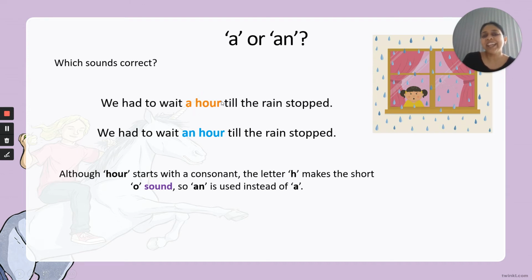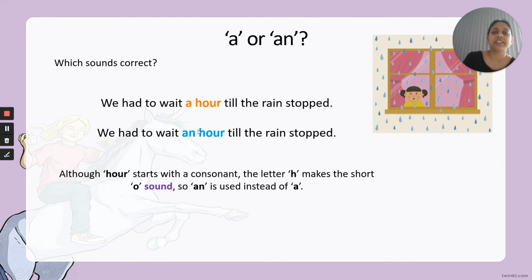But when we say the word hour, we don't pronounce the H. The H is silent. So when we say this word, we say hour, ow. So it's got an ow sound, and an ow sound or an o sound is a vowel. So when this word has a vowel sound, it will be an hour.